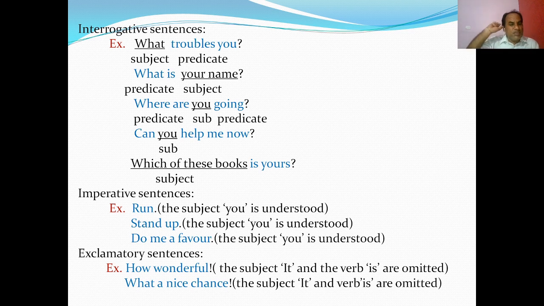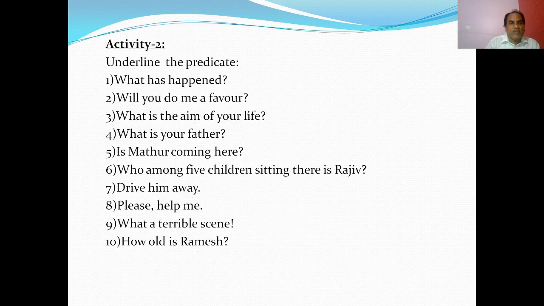Okay. So in exclamatory sentences we can also find which one is the subject and which one is the predicate part of the sentence. Okay. So do activity 2, underline the predicate part in these sentences. What has happened? You see, has happened is the predicate.